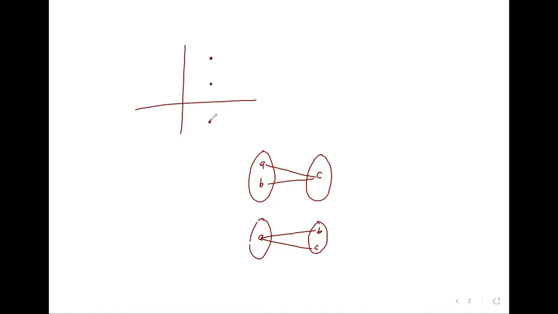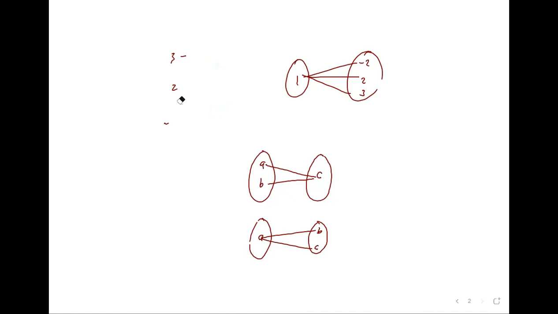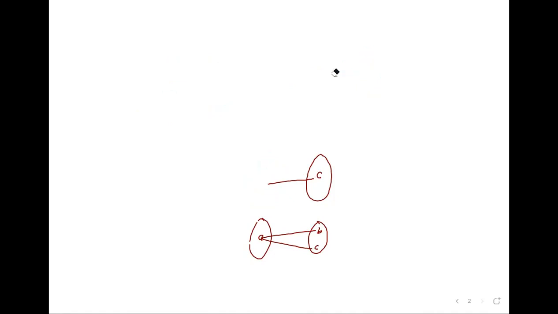It's not a function because if this is 1, it's giving us 2, it's giving us 3, it's giving us -2, meaning 1 alone gives us -2, 2, and 3. So that's why you are saying it's impossible for that to happen.